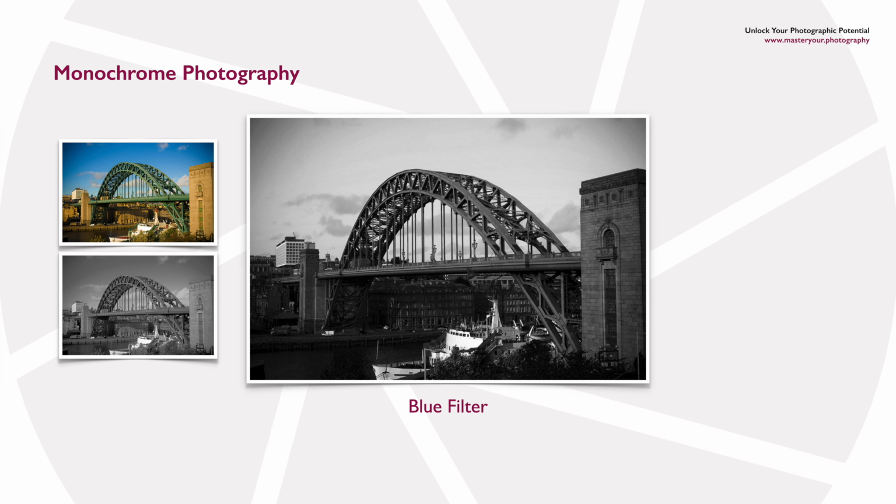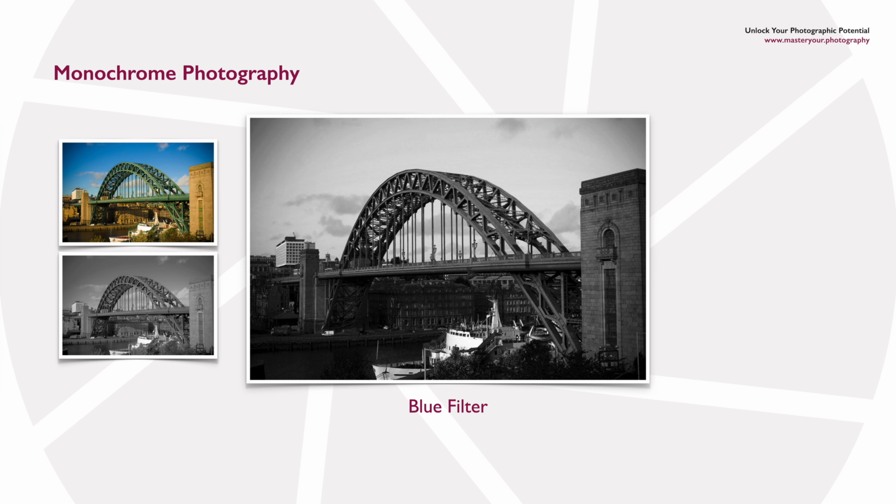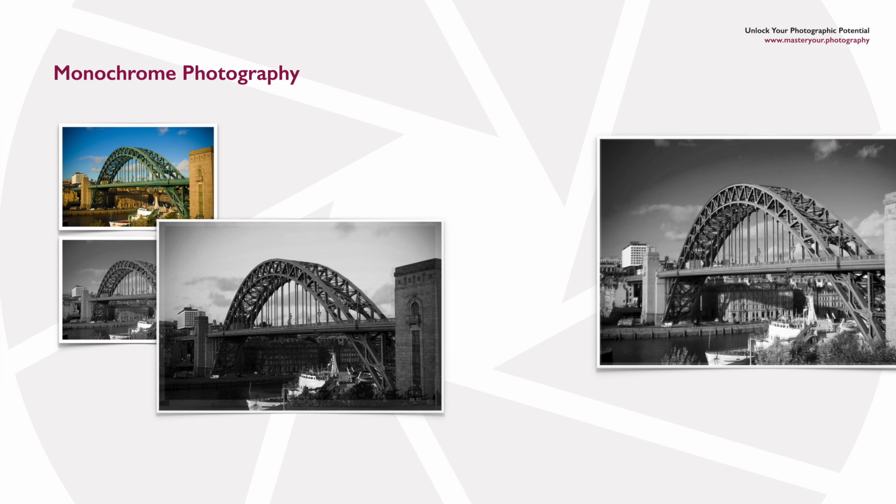Now we can emulate this digitally by using post-production filters so that our colour image can be converted to black and white as if we had used a black and white film with a blue filter over the lens. Now doing it digitally gives us a lot more control of how the result looks in the final image.